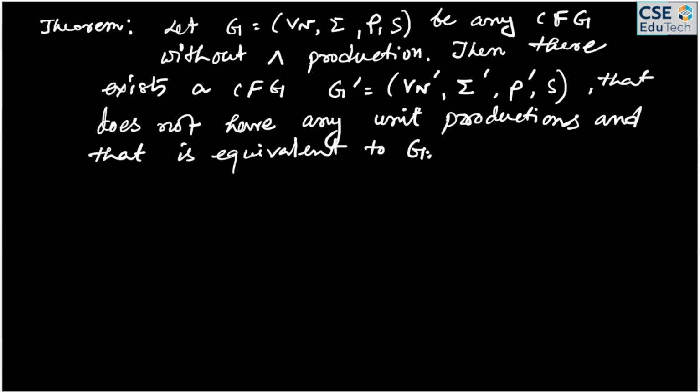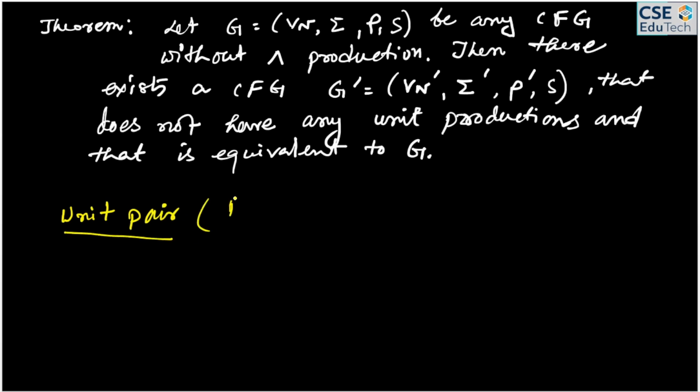Now unit productions basically complicate certain proofs, and they also introduce extra steps in derivations. Now to remove these unit productions, we need to find unit pairs. So the new terminology is a unit pair. So what is this unit pair?